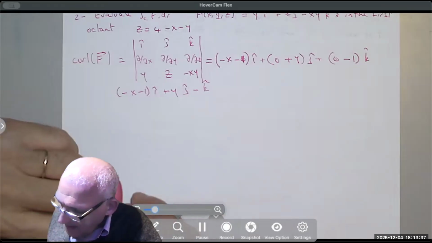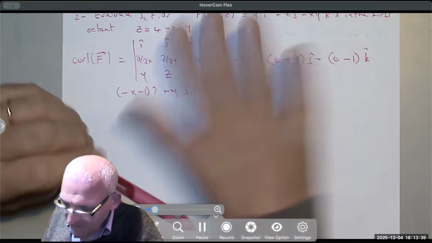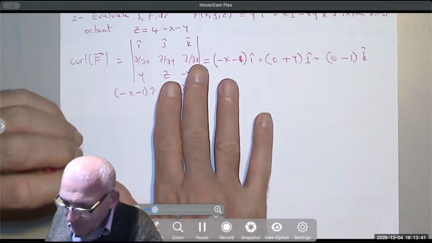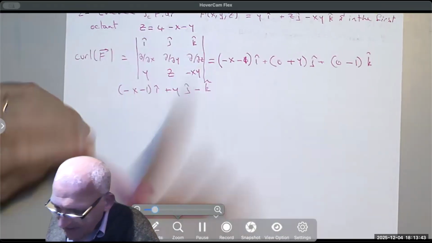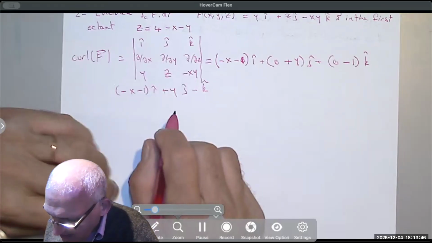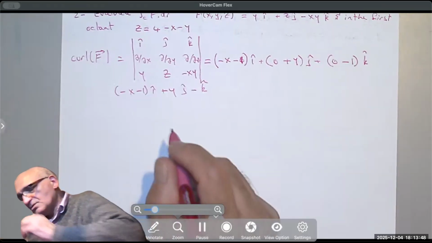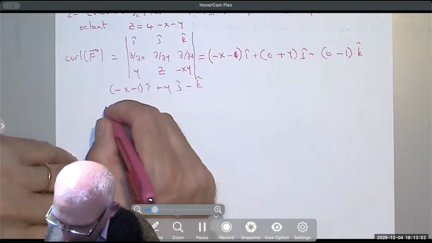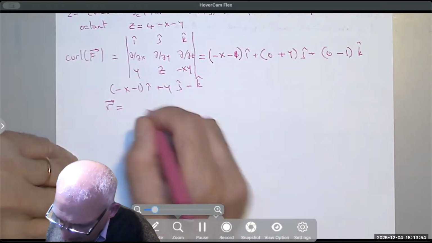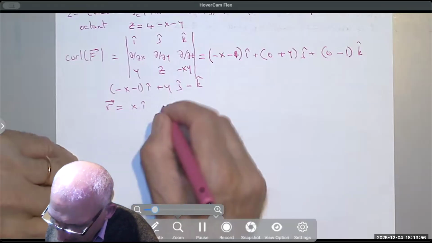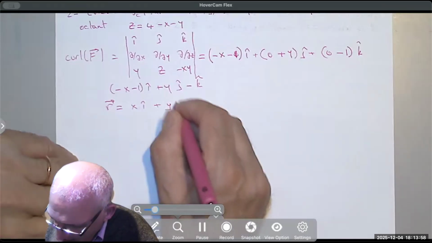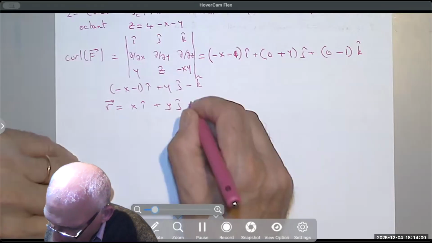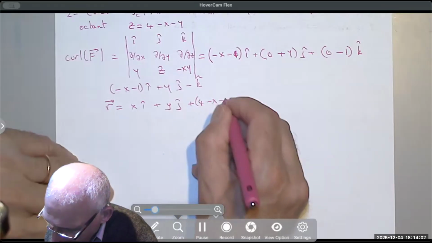Okay. Now, we are in the first octant from the xy plane to the plane z equals 4 minus x minus y. So the next step, we are going to write r as xi plus yj plus (4 minus x minus y)k.